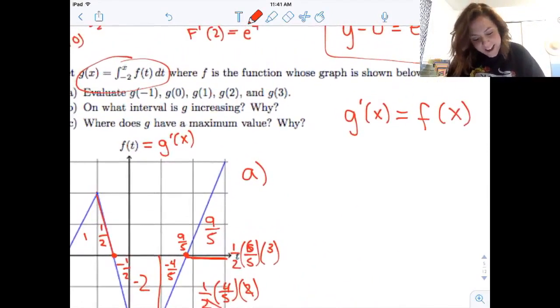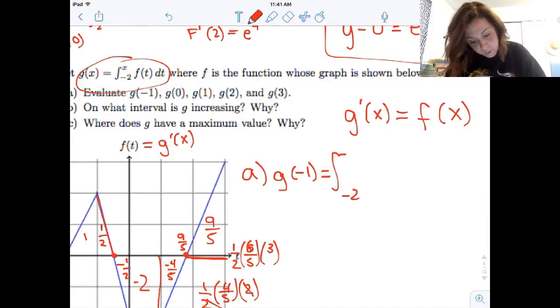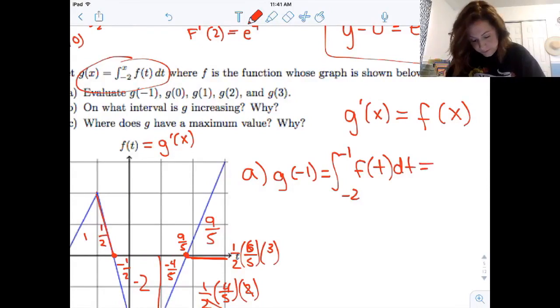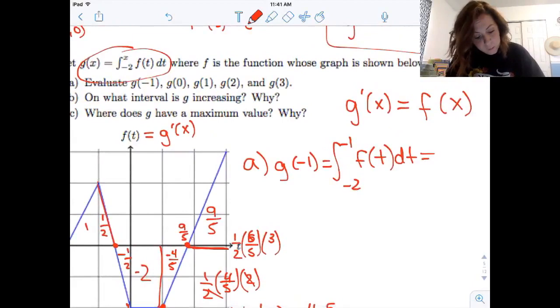So A here, so G of -1 is the integral from -2 to -1 of f of t, right? -2 to -1, that area is 1.